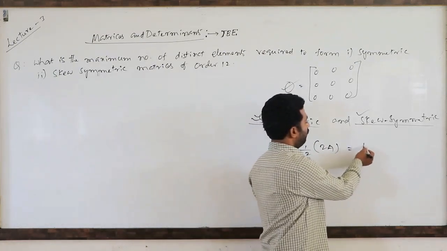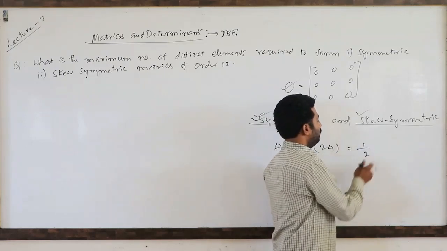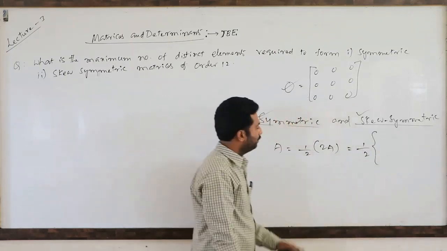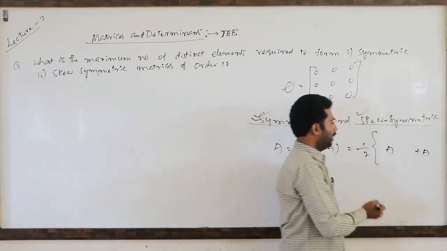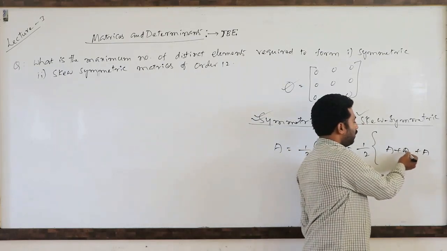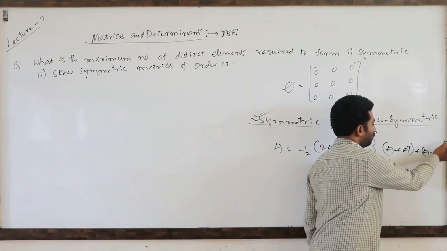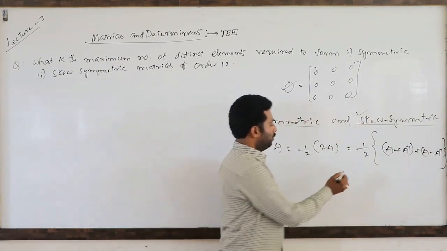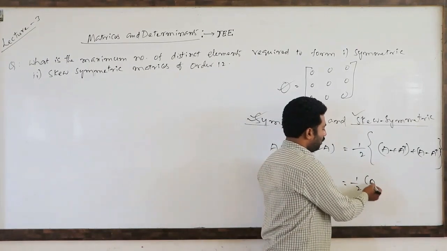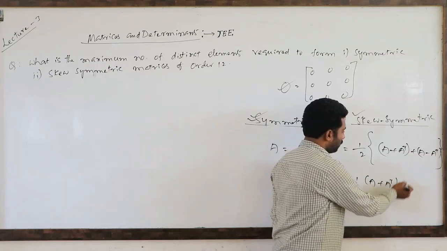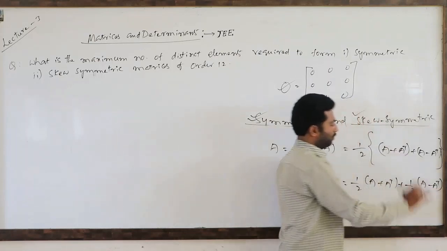Here 2A can be written as A plus A, just adding the transpose and subtracting the transpose. So 1 by 2 into A plus A transpose, plus 1 by 2 into A minus A transpose.